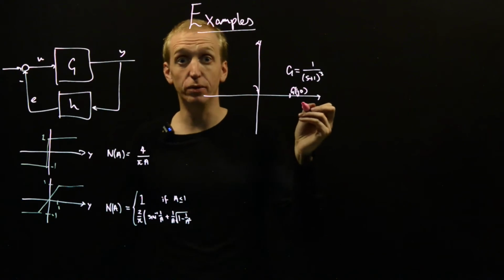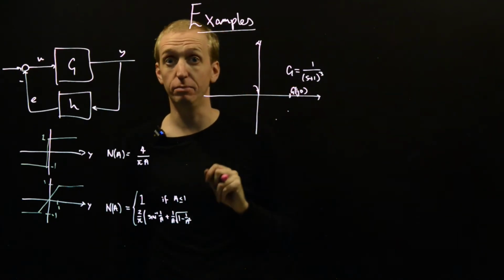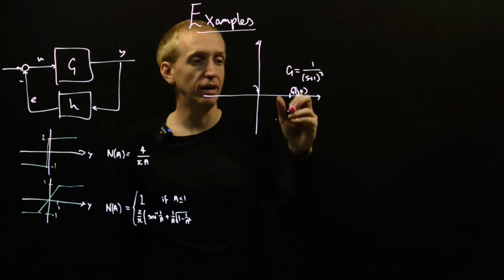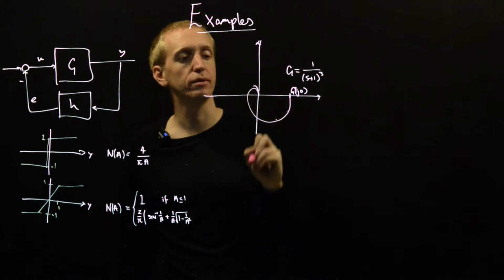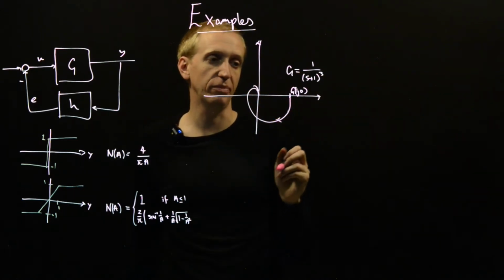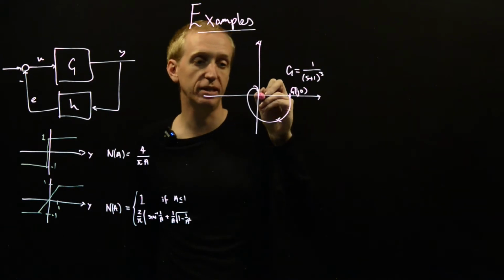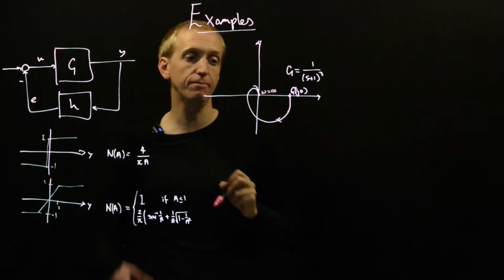And if we were going to do this properly, we would put in a few more points and build up our Nyquist diagram. Once you've done these things a few times, you just know that the Nyquist diagram in this case looks something like that. So this is 0 frequency. This is infinite frequency.